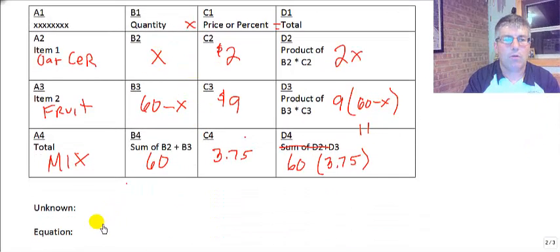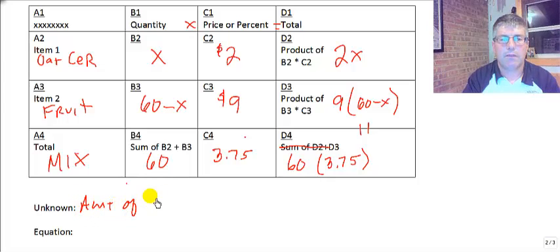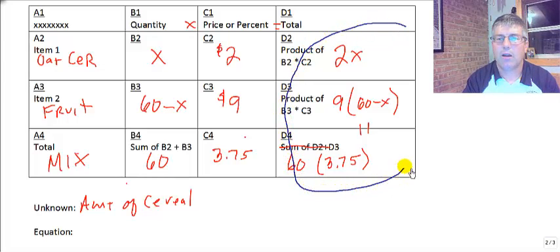So our unknown is the amount of cereal, not fruit, and our equation is sitting right here in the final column. This is our equation, that the total value of the cereal plus the total value of the fruit equals the total value of our mix.